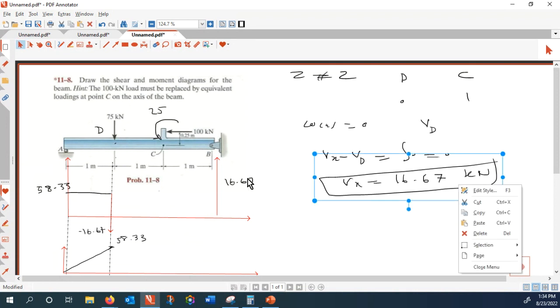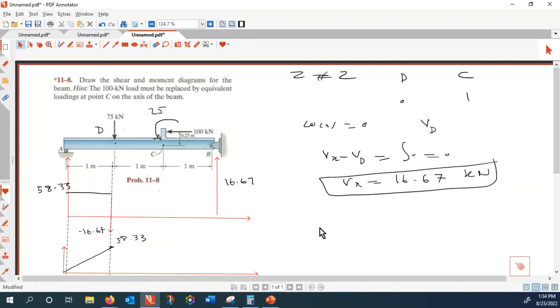All right, and now the next thing is to write the equation for bending moment. So dM over dx is equal to V of x, which is equal to plus 16.67, and therefore M of x minus M of d is equal to the integral of 16.67 dx.